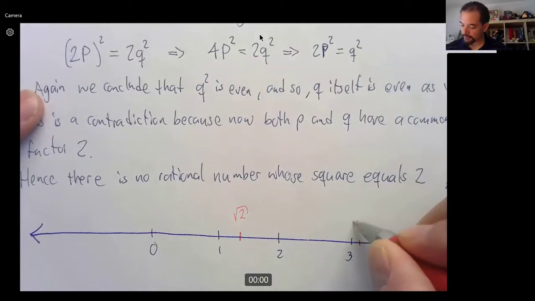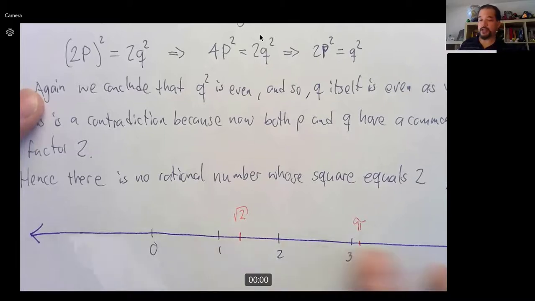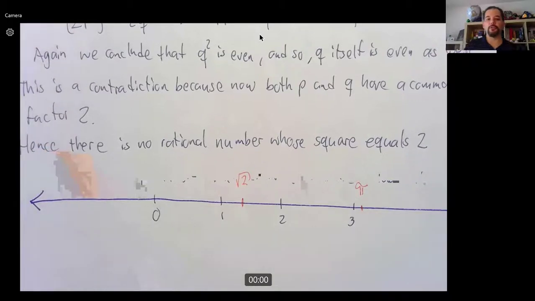Pi, for example, the circumference of a circle of diameter 2, is also not a rational number. And there are many, many more. In fact, when I ask you guys for irrational numbers, you're going to run out of numbers pretty quickly.